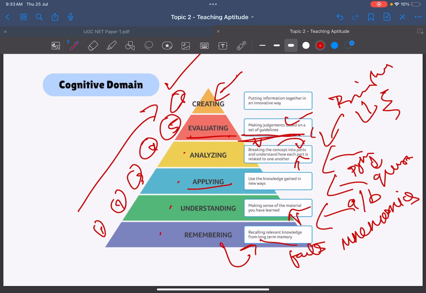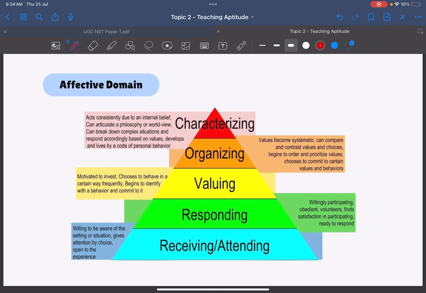And finally, creating, you're able to spin your own story, which simply means reading something, putting your own thought process into it, and creating something new. So they might ask you whether making sense of the material is better than making judgments. So the hierarchy. They might ask you that way, or they might directly ask you whether remembering is on top or analyzing. Okay. Next, affective domain.